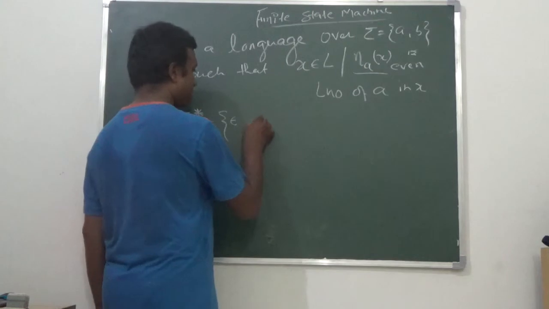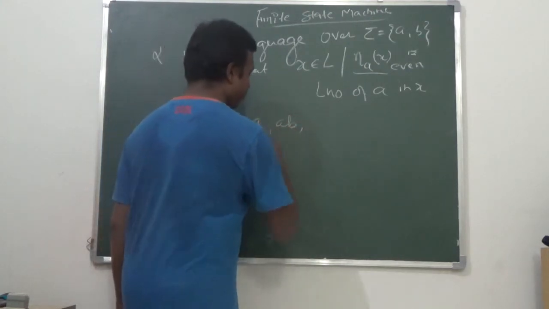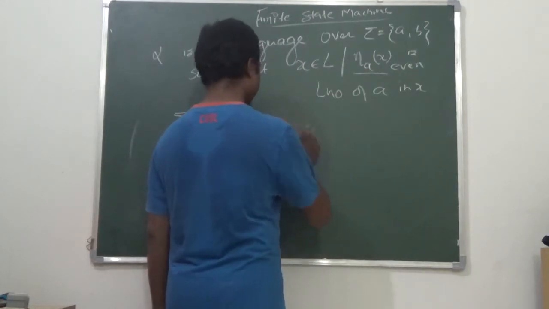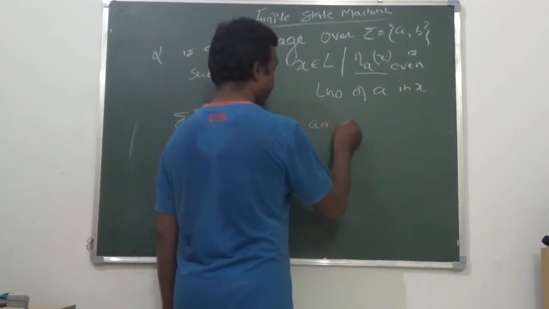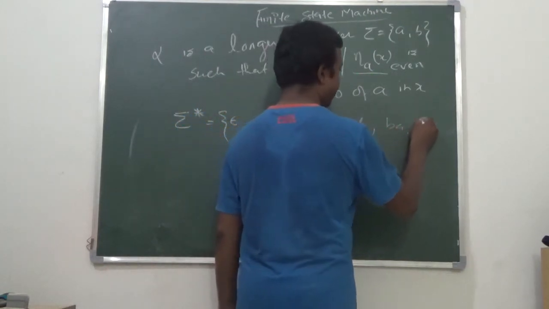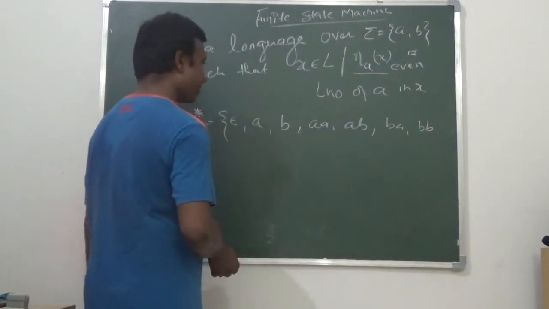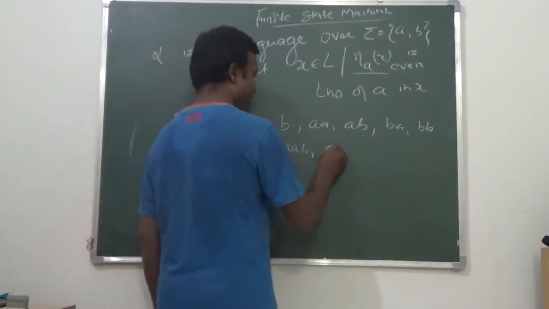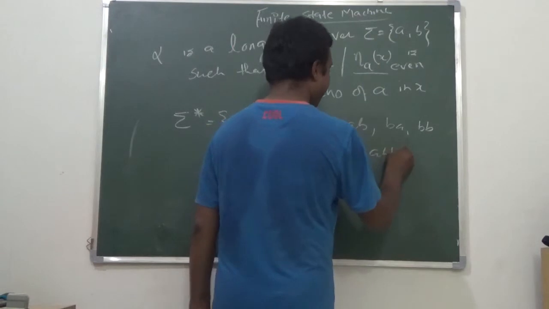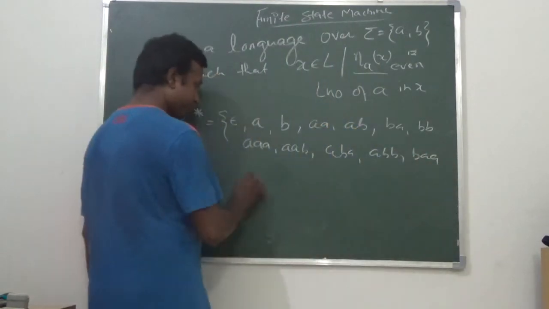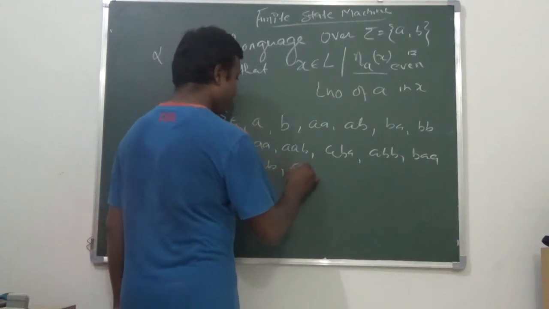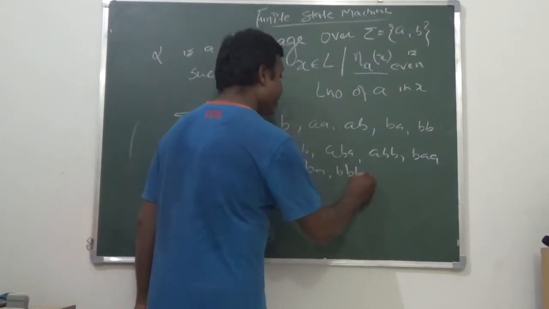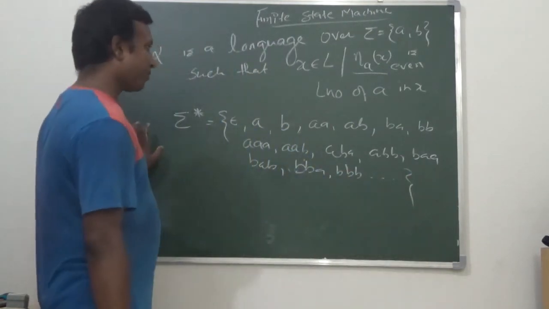It is epsilon, A, B, then AA, AB, BA, BB, then AAA, AAB, ABA, ABB, BAA, BAB, BBA, BBB, and it keeps on going. So this is what sigma star is.